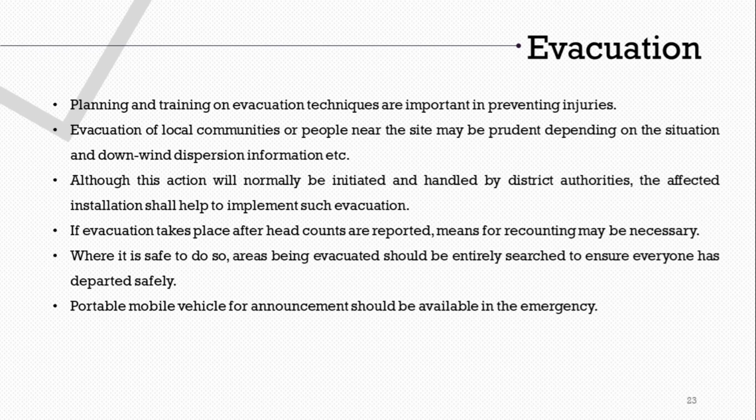If evacuation takes place after head counts are reported, there will be a need for recounting. Where it is safe to do so, areas being evacuated should be entirely searched to ensure that everyone has departed safely and no one is in danger. And portable mobile vehicles for announcements should be available in any kind of emergency.